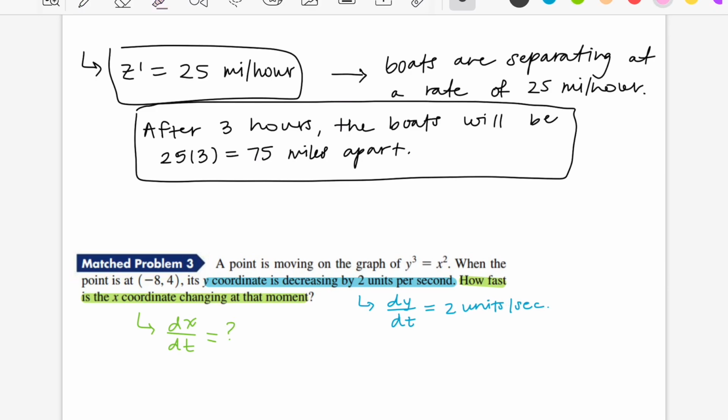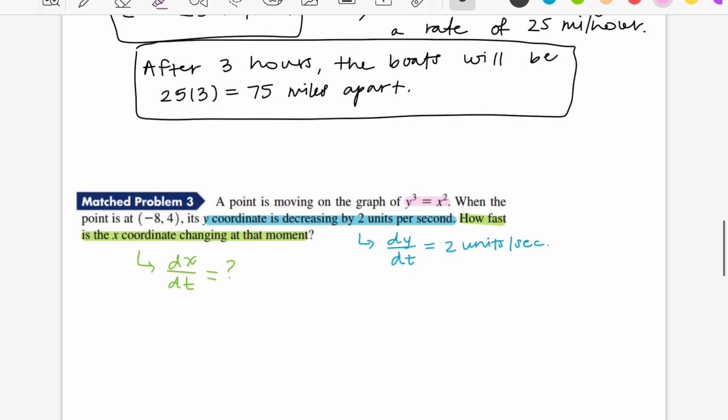Something to note for this example, though, is that we're actually already given our equation that relates our variables x and y. So that'll be useful. We're given our equation here. And again, we know dy/dt, and we want to find dx/dt. So we'll do that by taking the derivative of this.